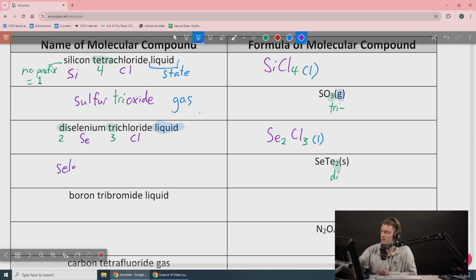It doesn't need a prefix because we don't put the mono prefix on our first element. Our second element we have 2 of, so it gets the di prefix. Ditelluride. It gets the ide ending, so tellurium, which is Te, gets its ending changed to ide because it's the second atom in this compound, and the state is solid.